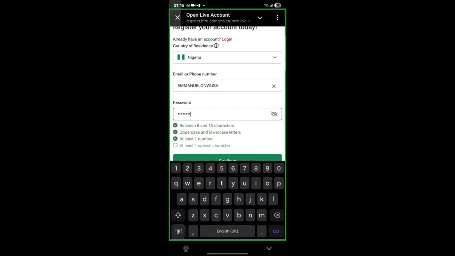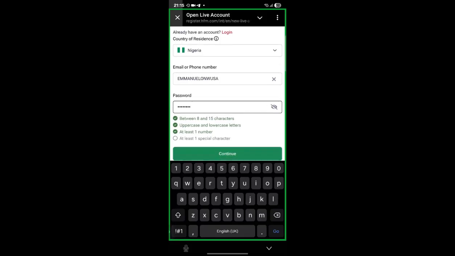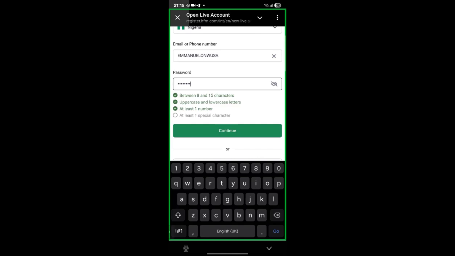I'll not put the password completely too. Then after you're done putting those, you click on continue. All right, so right now just input your own and click on continue so we can proceed.